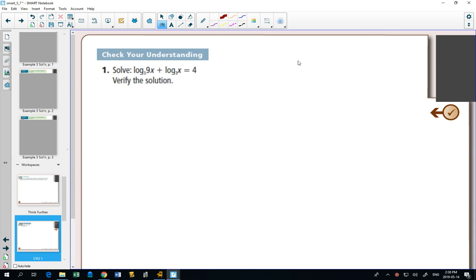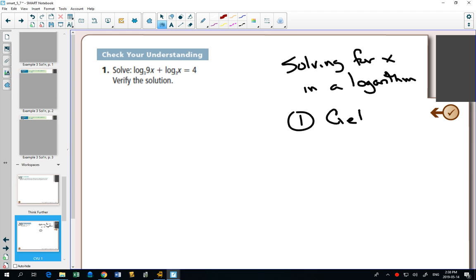So if we want to summarize that, number 1, we need to get a single logarithm.